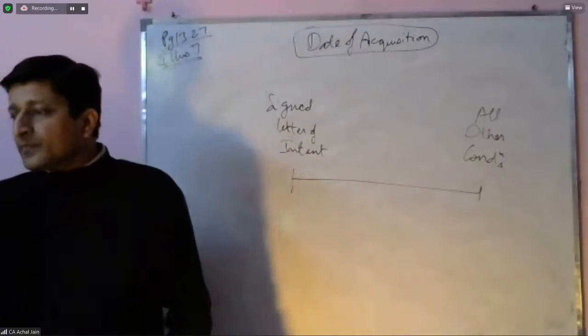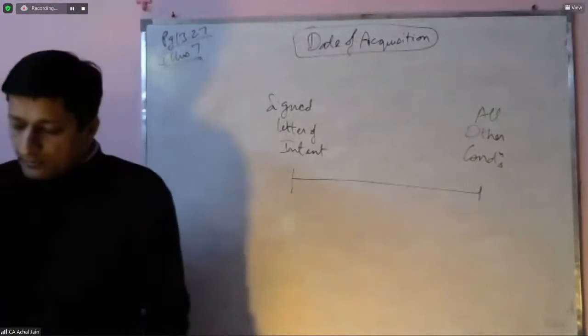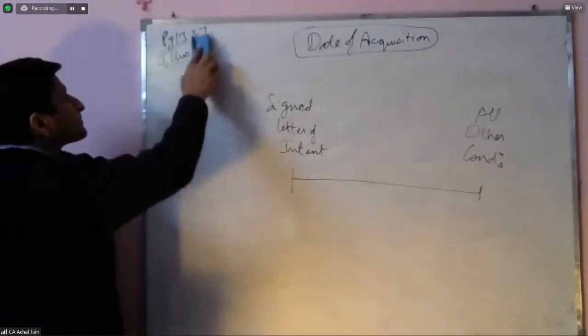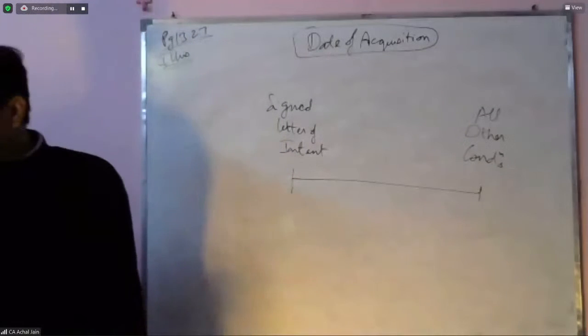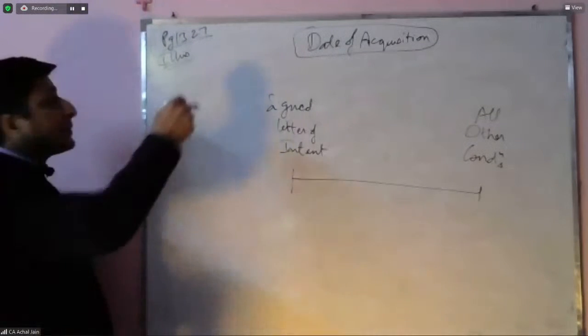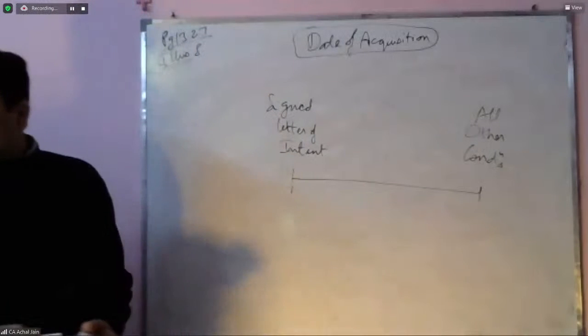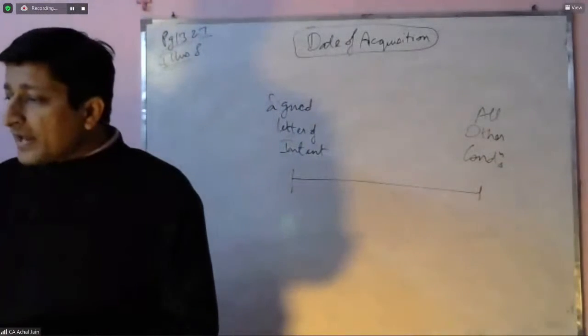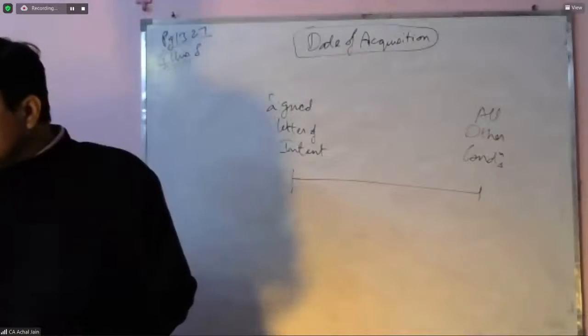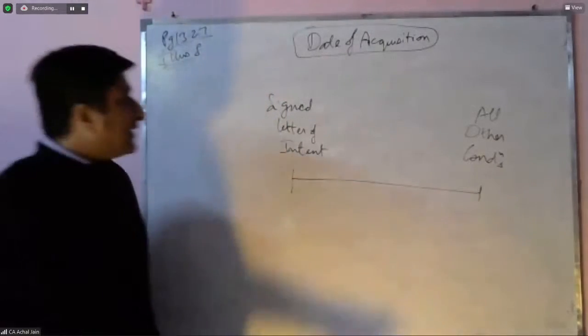Correct? Okay. Moving on to illustration number 8 now. On 1st of April, X Limited agrees to acquire shares of B Limited in an all-equity deal.